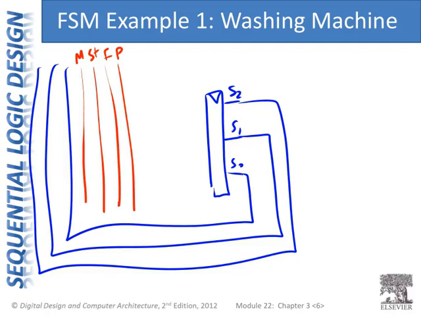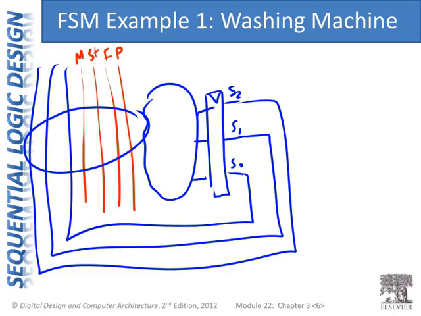And then we'd basically just pull off what we need to build that next state logic to create the next state. So we'd pull off what we need from the inputs and the current state.